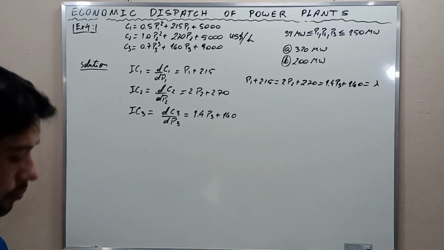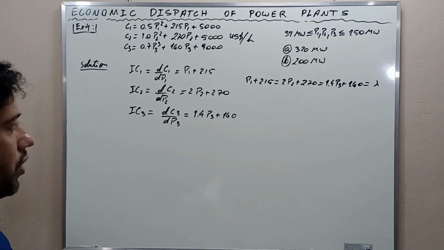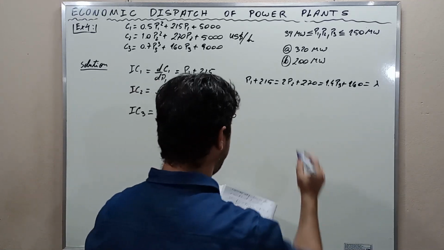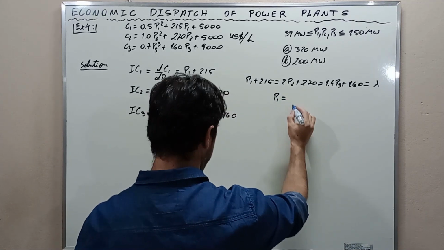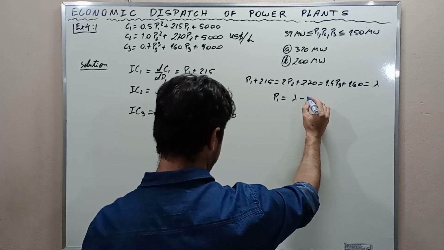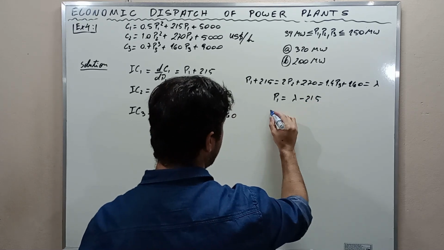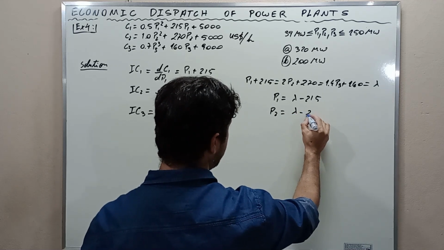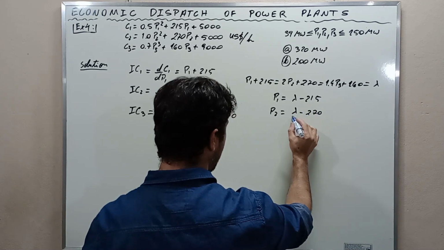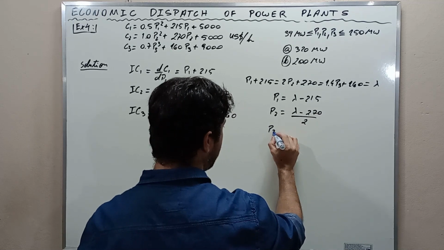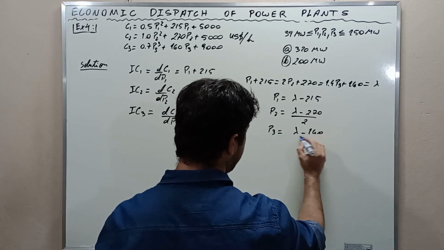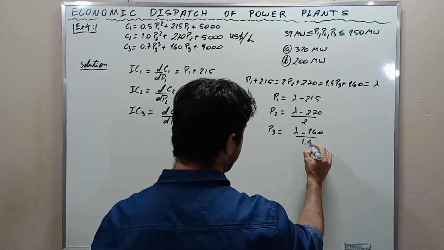Okay? And we are going to write then in terms of lambda. P1 will be equal to lambda minus 215. P2 will be equal to lambda minus 270 over 2. And P3 will be equal to lambda minus 160 divided by 1.4.